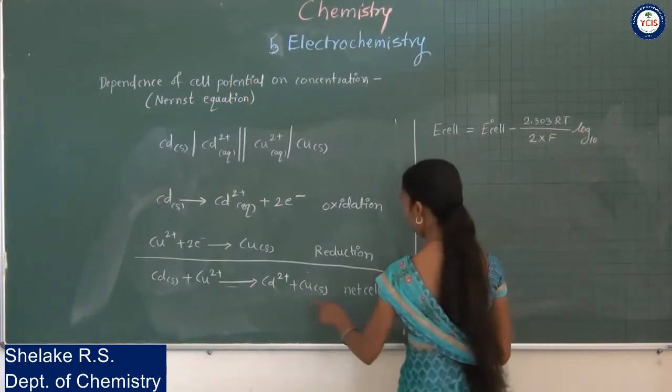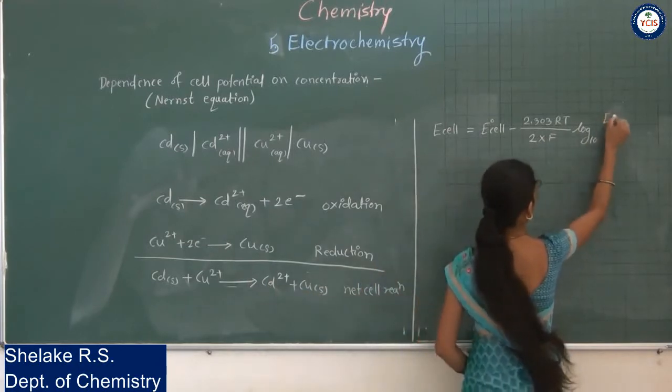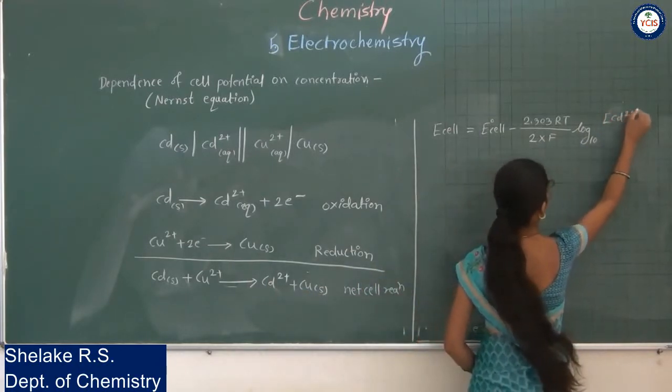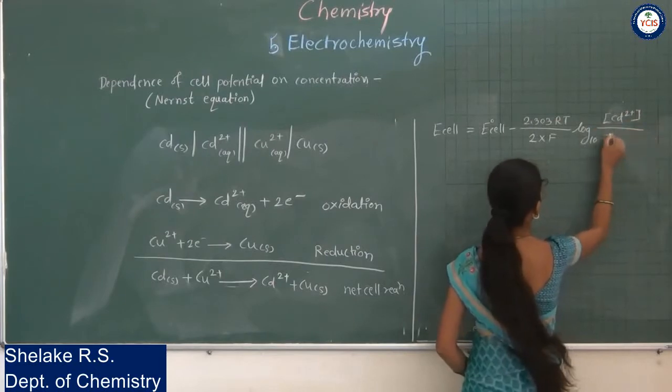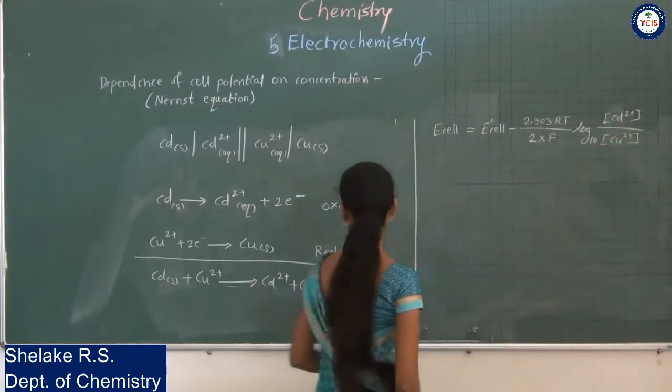Now here the concentration of product, that is concentration of cadmium 2 plus ions, divided by the concentration of copper 2 plus ions, that is, product upon reactant.